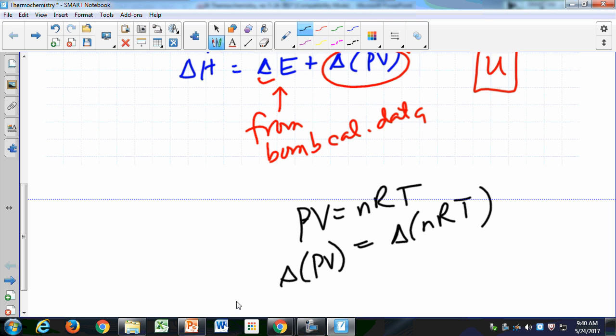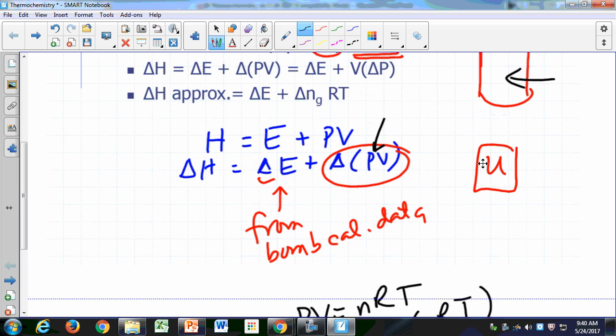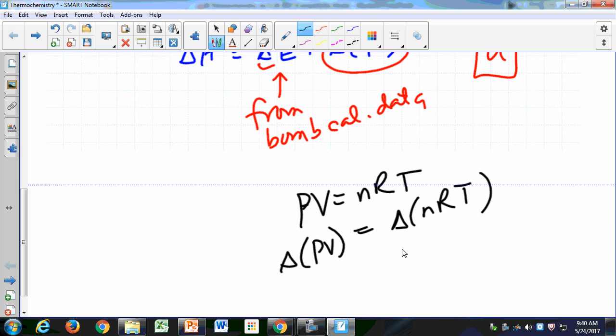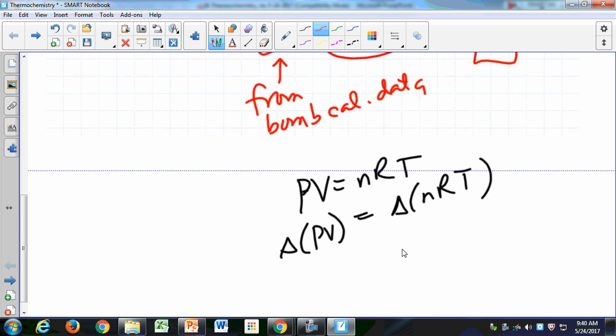Now, when we write our thermochemical equation, we're assuming delta H goes from reactants at some temperature, usually room temperature, 298 Kelvin, and we end up with products at the same temperature. Then this T is a constant.